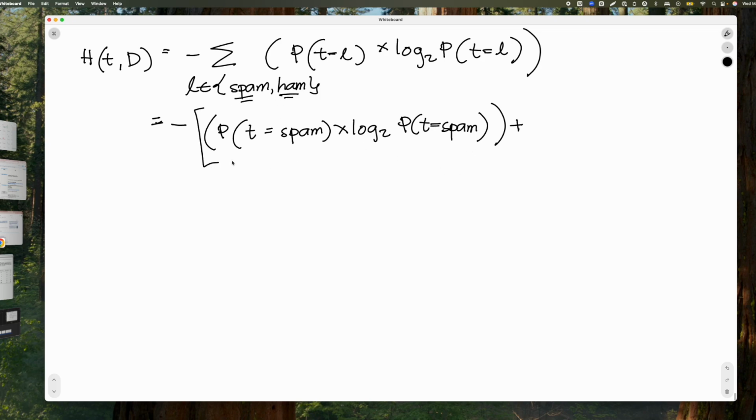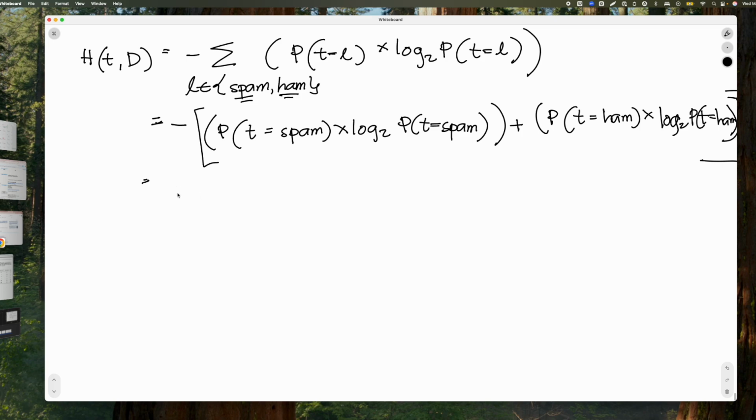We have the spam, which is this, and we have the ham. So we have probability of t equals ham times log of base 2, that probability is equal to t equals ham. And that's that.